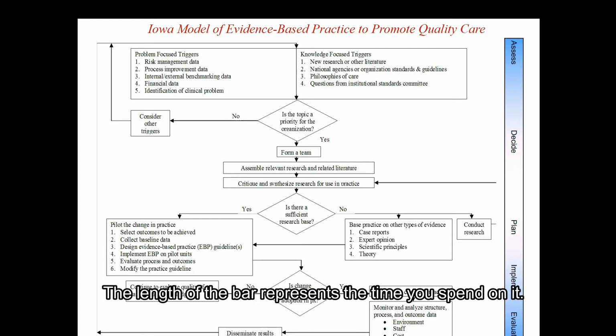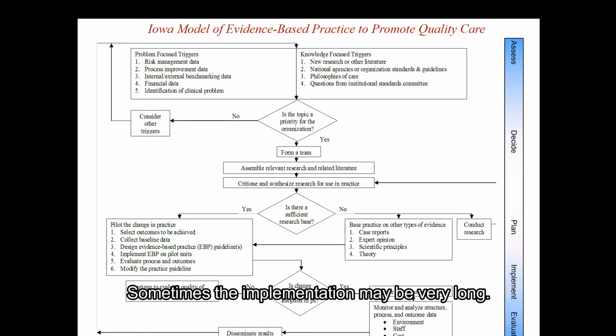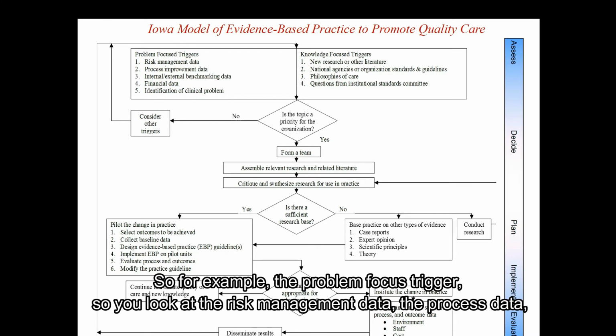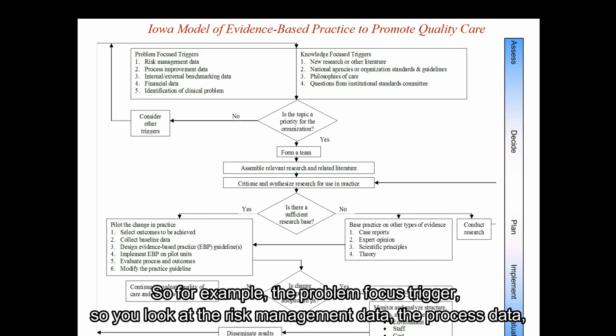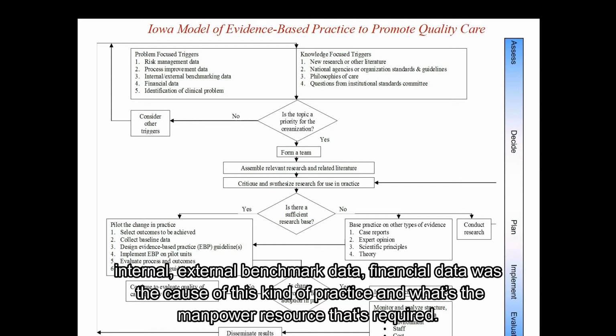The length of the bar doesn't represent the time that you spend on it. Sometimes the implementation may be very long. It's just that the initial decision is quite important. So, for example, the problem-focused trigger: you look at the risk management data, the process data, internal and external benchmark data, financial data, what's the cost of this kind of practice, and what manpower resources are required.